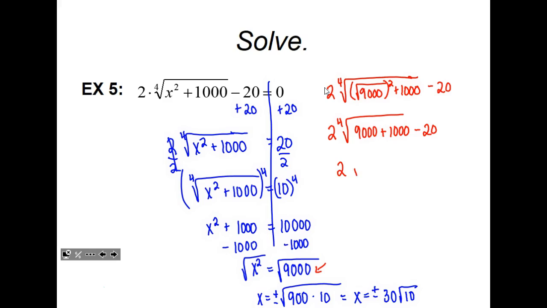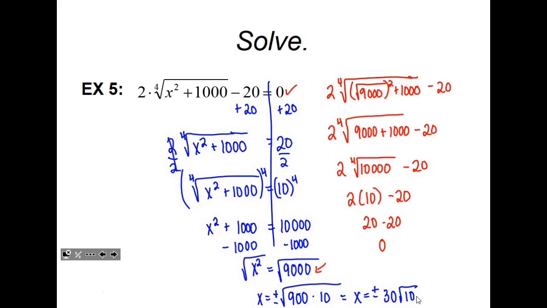This will be 2 times the fourth root of 10,000 minus 20. The fourth root of 10,000 is 10, so 2 times 10 minus 20 will give us 20 minus 20, which is 0, which is what we are supposed to get. So we know that the square root of 9,000, or positive 30 square root of 10, works.